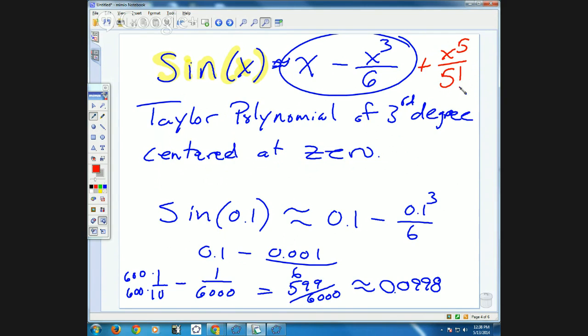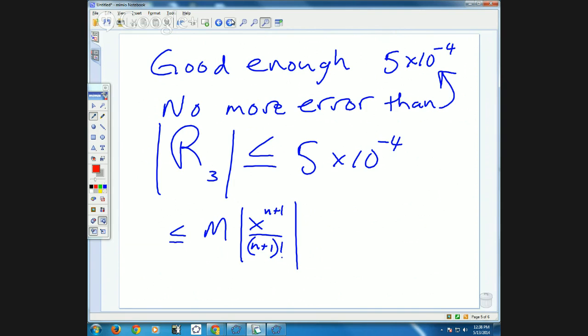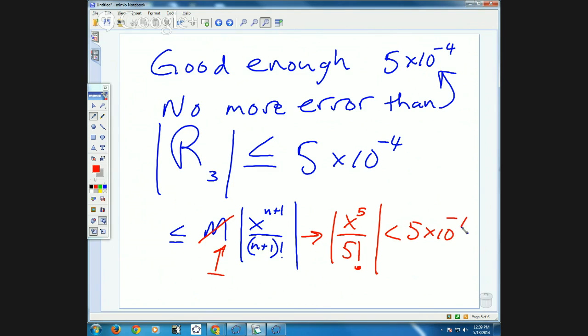They're sine or cosine, positive or negative, depending on where you stop. And the maximum value sine or cosine can achieve is 1. So according to Taylor's theorem for remainders, our maximum is 1. That means I want the absolute value of x to the 5th over 5 factorial to be less than 5 times 10 to the negative 4th.